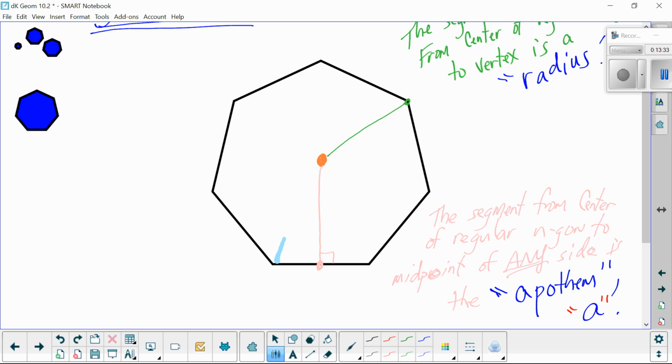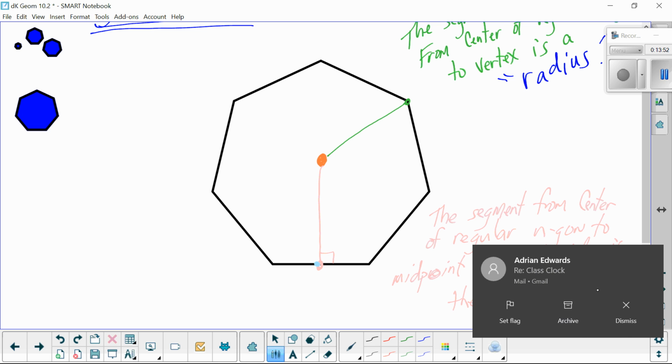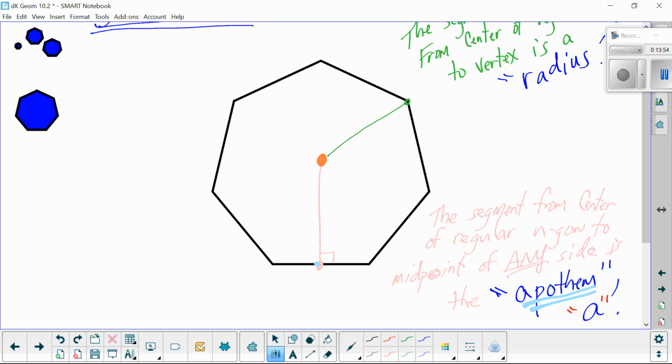We've been looking at any one of these triangles, and we've been calling that pink segment the height. But there is another word for that. When you make a segment from a regular n-gon's center to the midpoint of a side, perpendicular to that side, that is also called an apothem. And we'll use a as a variable.